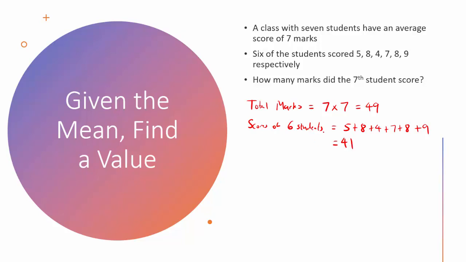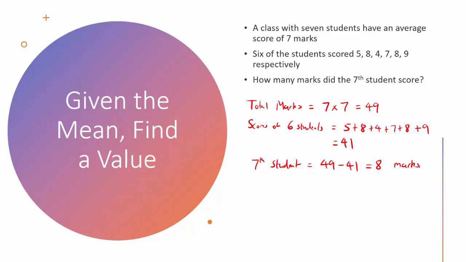So the scores of the 6 students is 41. So how many marks did the 7th student score? Well, if the class total was 49 and the first 6 students scored 41, it's going to be 49, take away 41, 8 marks. So the 7th student must have scored 8 marks.